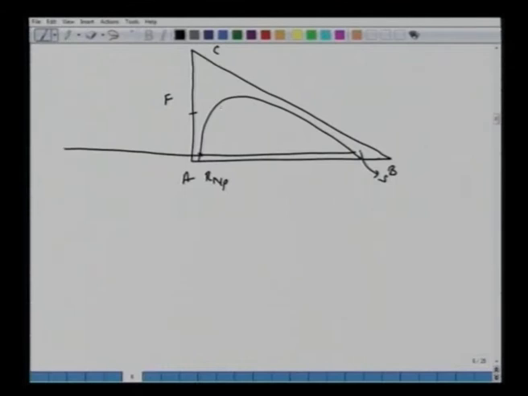But in some systems it's possible that certain tie lines are like this, which means if you extend them, they will be intersecting this line or this curve further away from this R and P. So in these cases we must choose that intersection, that del difference point, which is farthest away from R and P. In other words, one is supposed to extend all the tie lines which intersect this line connecting R and P and S, the furthest away from this R and P. So we also make a note of this.